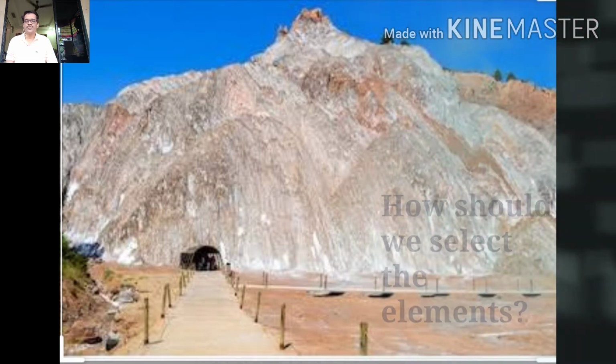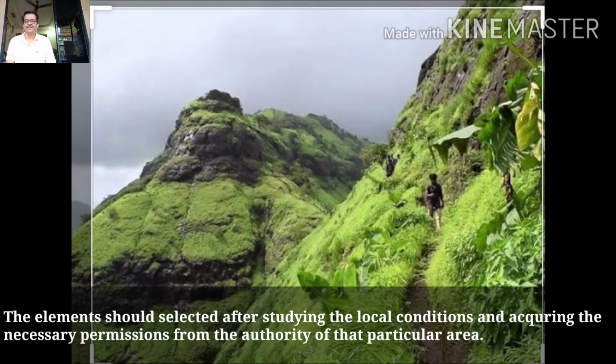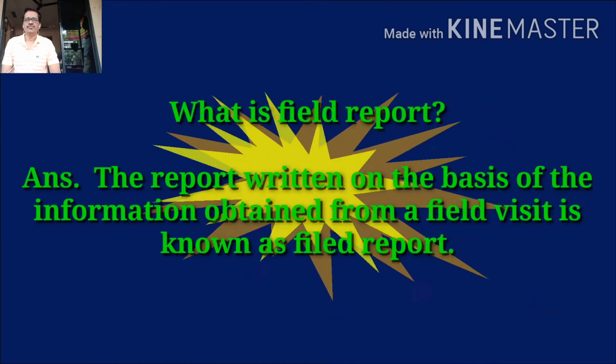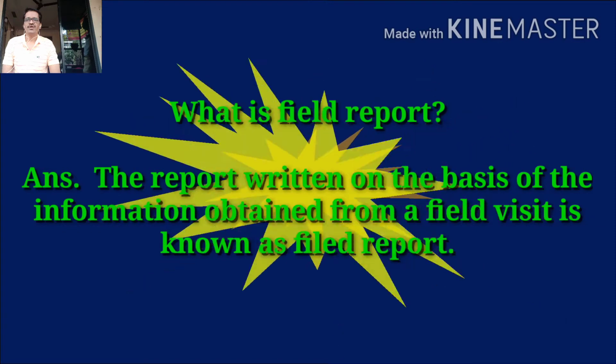The elements should be selected after studying the local conditions and acquiring the necessary permissions from the authority of that particular area. Now we will see what is field report. The report written on the basis of the information obtained from a field visit is known as field report.